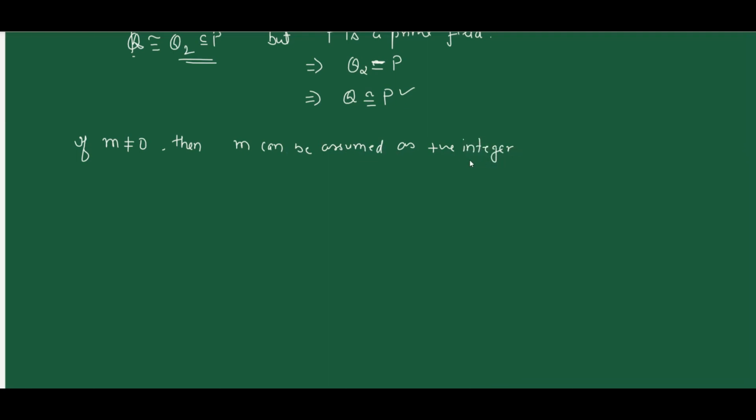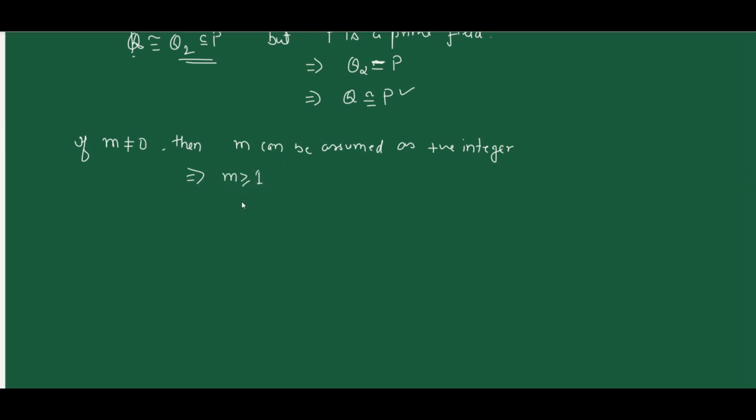It is an exercise for the audience: if M is non-zero, you can assume M to be positive, and there is no harm in considering M to be positive. If you have any idea about this fact, then write in the comment section box, and if you have no idea why M can be taken as positive, then you can ask me through the comment section box or email. So M can be positive, and this implies M is greater than or equal to 1.